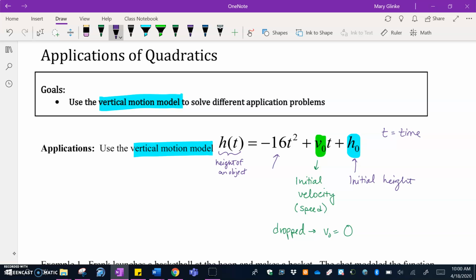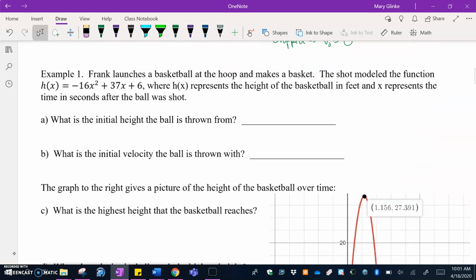So it'll say like it was hit from a height of 4 feet or something like that. Again, if it starts on the ground, that means your initial height is 0. So what we're going to do is look at a graph and analyze this graph and write an equation and everything, and then we'll go through and do a couple more examples.